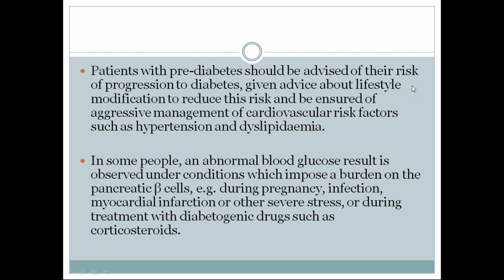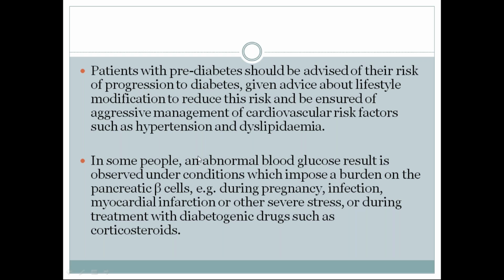We should give advice regarding lifestyle modification, so that there will be reduced chances of progression to diabetes and other complications related to diabetes and hypertension. If there are any risk factors for cardiovascular disease, hypertension and dyslipidemia, these should also be managed aggressively to prevent further complications.